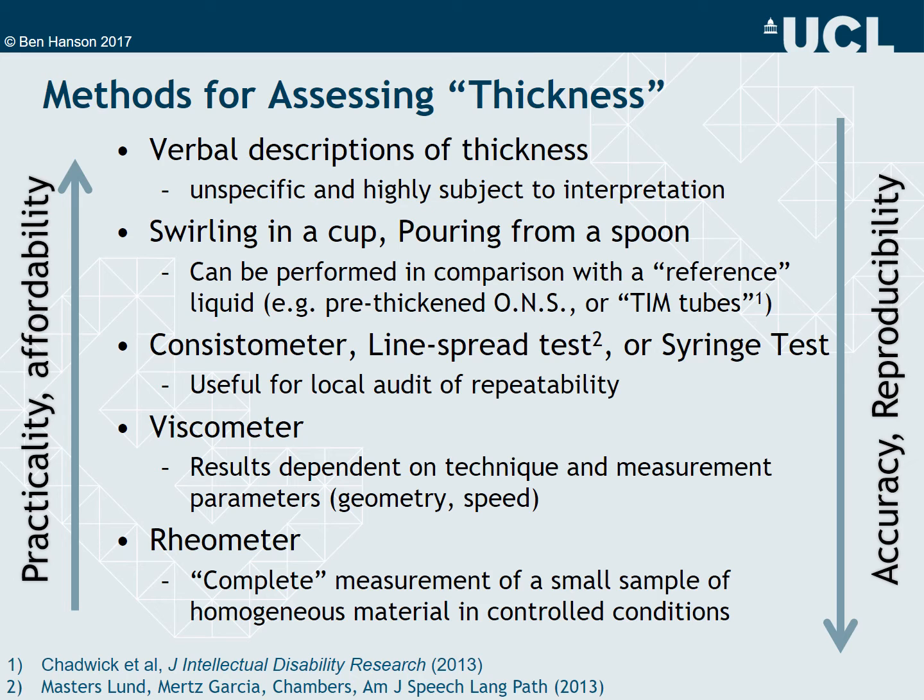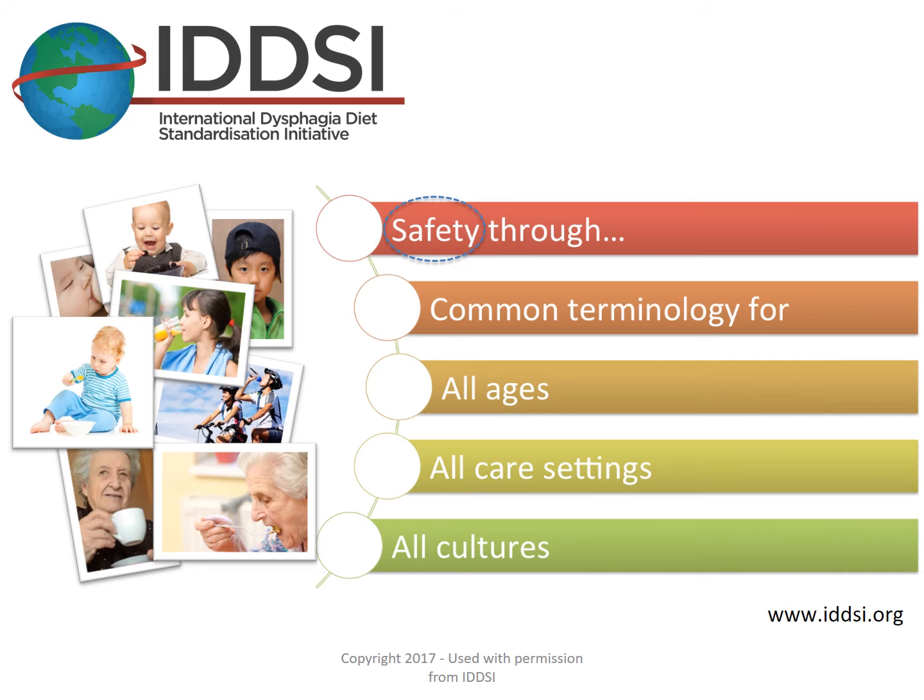It's with this context of standardizing in mind that I'm going to talk about the International Dysphagia Diet Standardization Initiative. Now, I sit on the board of this group, and it's a very interdisciplinary group. We have speech and language therapists, dietitians, occupational therapists, nurses, and food service professionals.